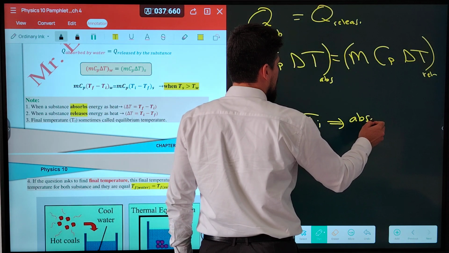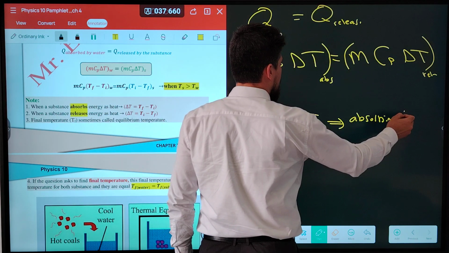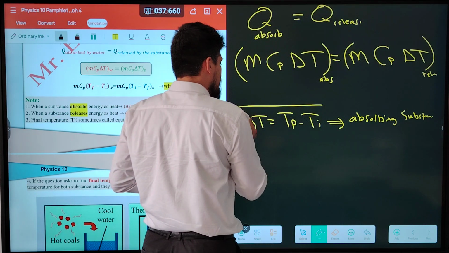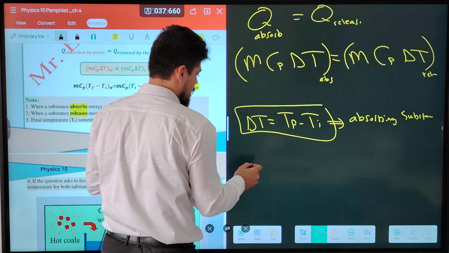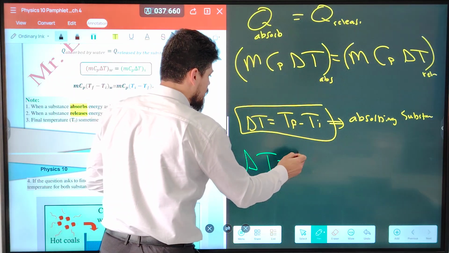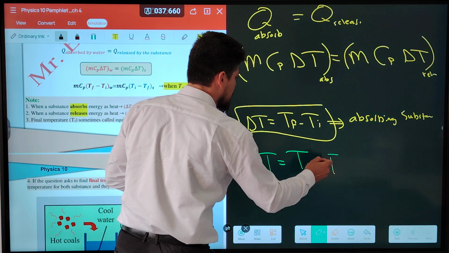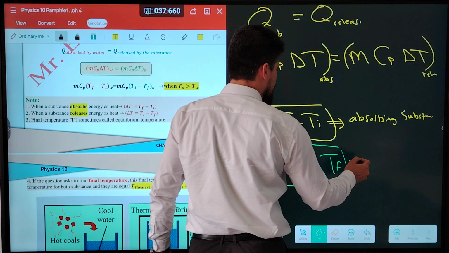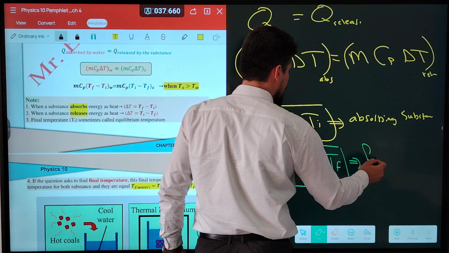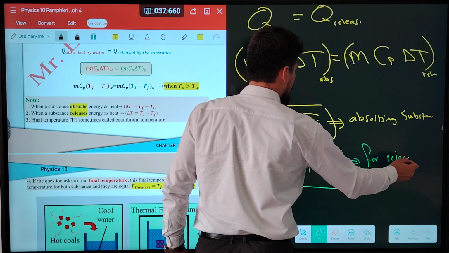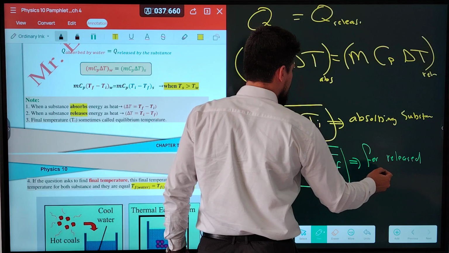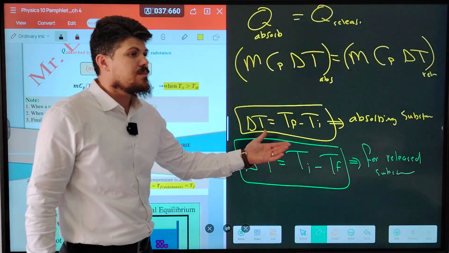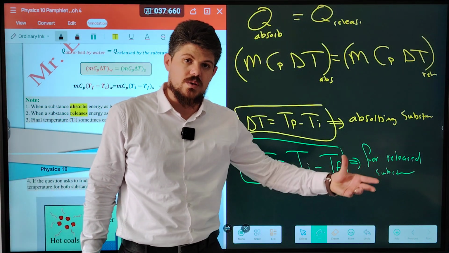When a substance absorbs energy, delta T is T final minus T initial. But delta T is equal to T initial minus T final for the released substance. What do you mean by release? It means the substance which releases energy.